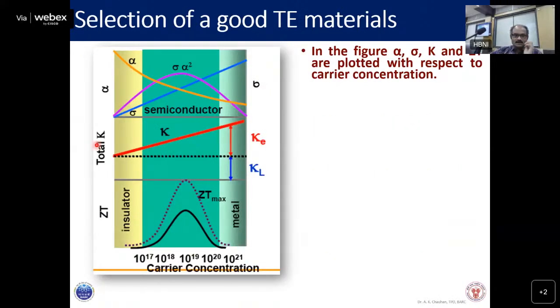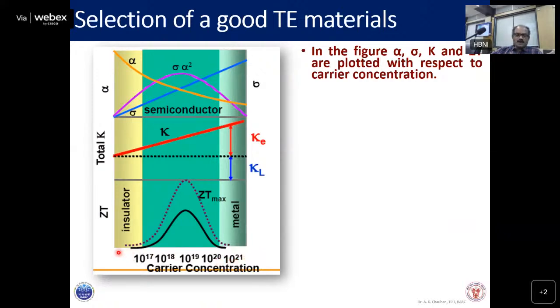Now, suppose you have any semiconducting material, and you are trying to increase the carrier concentration. On the x-axis there is the carrier concentration: 10 to the power 17, 10 to the power 18, 10 to the power 19, 10 to the power 20, 10 to the power 21, and this way.